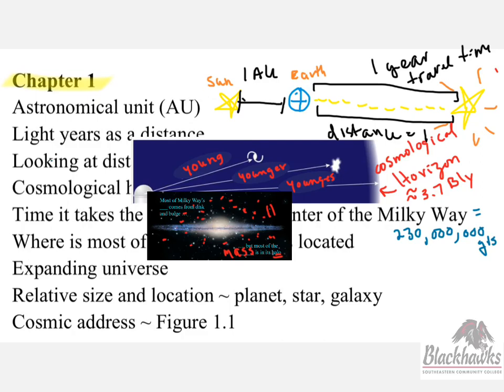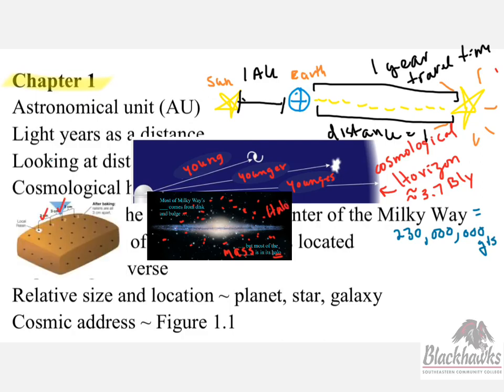We can infer by the movement of the stars in our galaxy that there is a whole bunch of mass in our halo that we can't see. So when it asks where is most of the mass of our galaxy located, you would say the halo region.